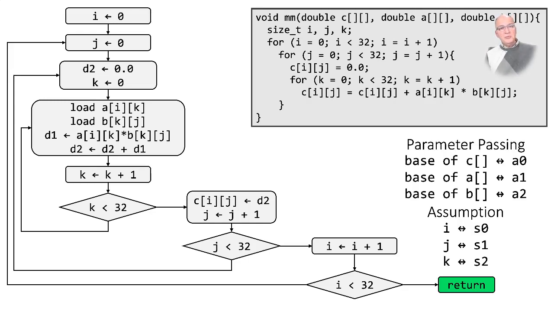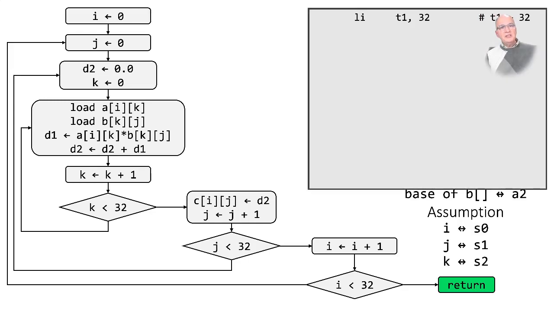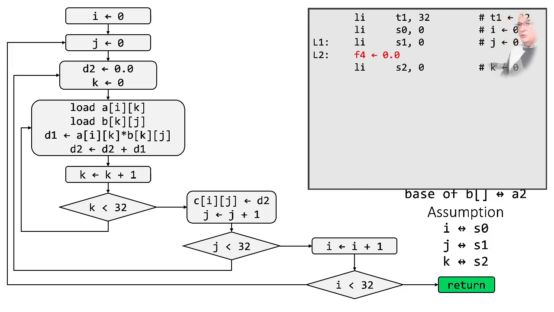So these are my assumptions again. And now if I start generating code for this, I start by initializing T1 with 32, and then I need to initialize i with 0, j with 0, and then I initialize F4 with 0, and then I initialize k with 0.